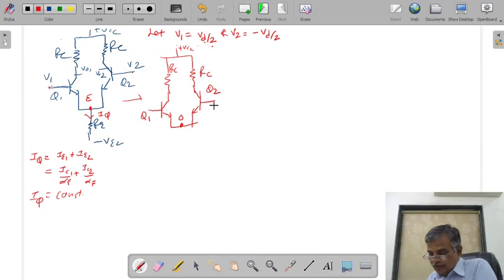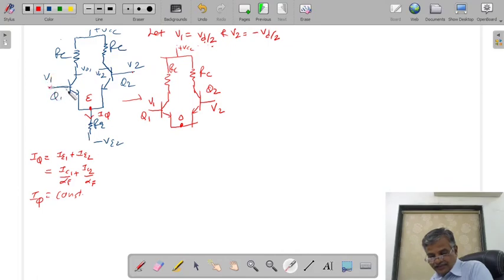This is Q2, this is Q1, this is V2, this is your V1. So why am I writing that this is zero potential? Again I am telling you: your given V1 is plus Vd by 2 and V2 minus Vd by 2.